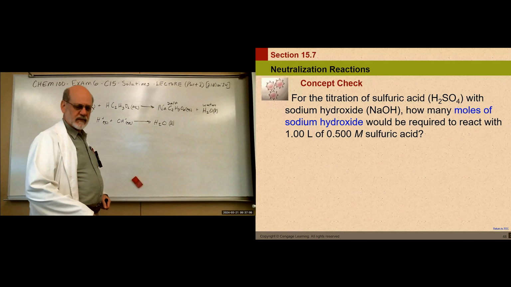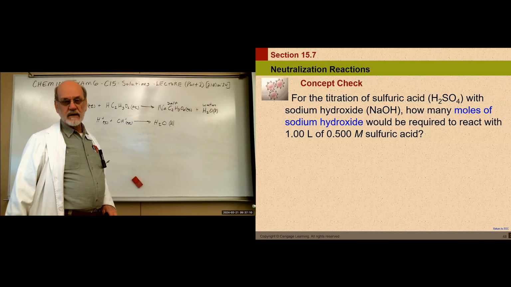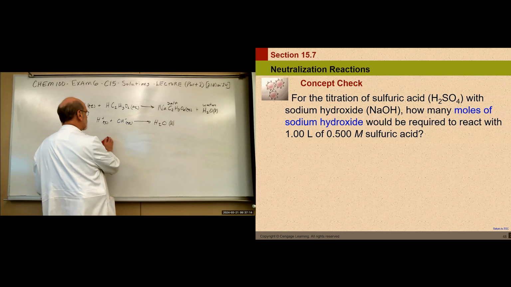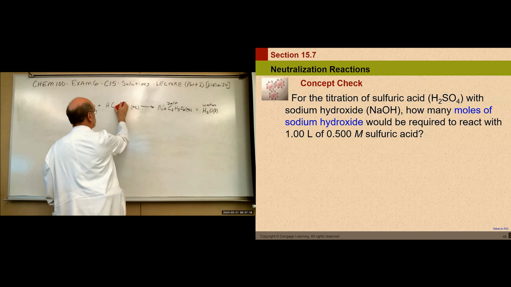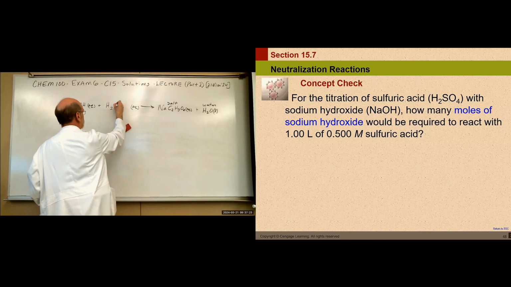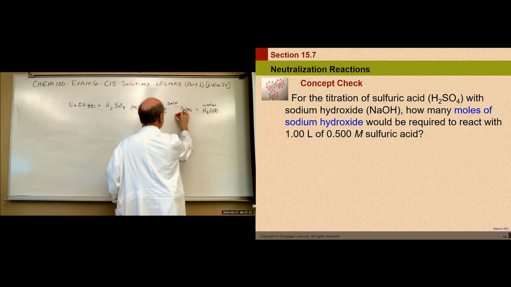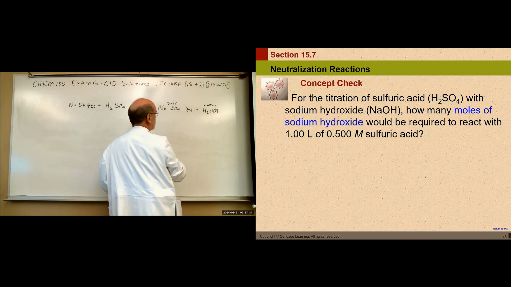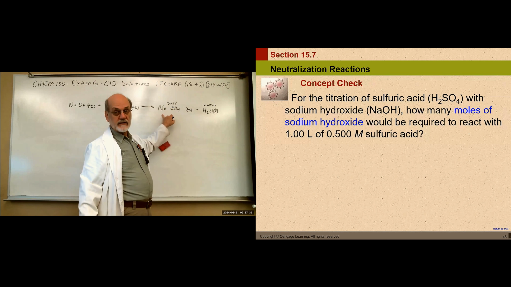Okay. Let's say we're going to titrate sulfuric acid and sodium hydroxide. So we need a different equation. We need that, and we need this. Well, sulfate is a 2- charge and sodium's only a 1+.